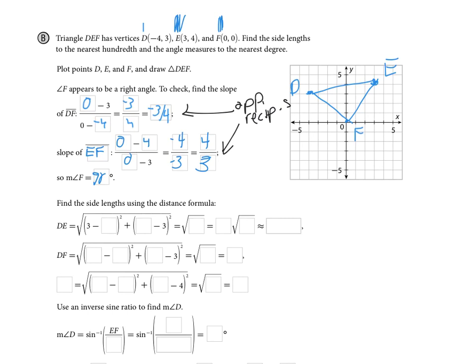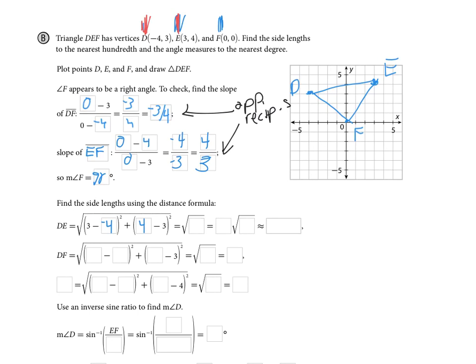So we're going to find the side lengths using the distance formula, or Pythagorean theorem, whichever. The book uses the distance formula to find DE first. So we're back here with D and E, just to keep an eye on where we are. And that's going to be 3 minus -4 and 4 minus 3, all squared.